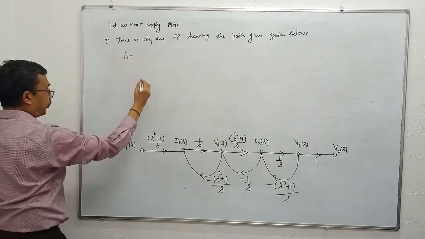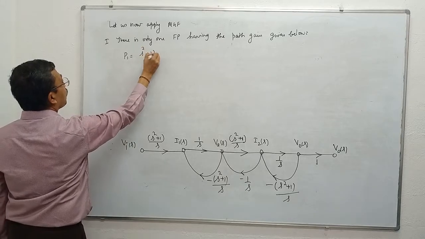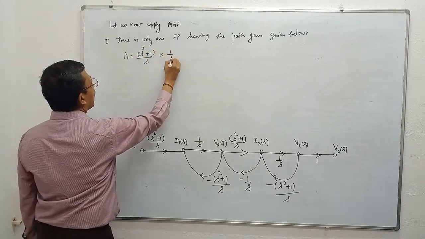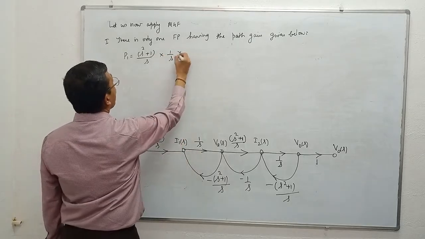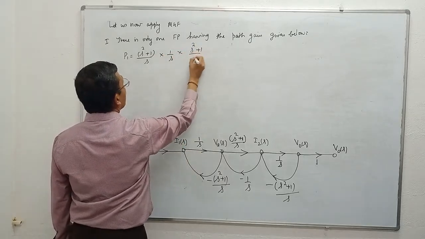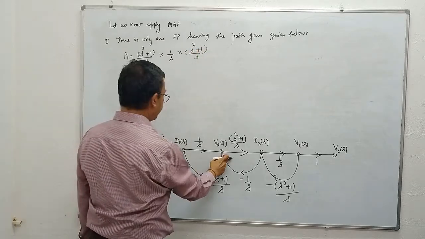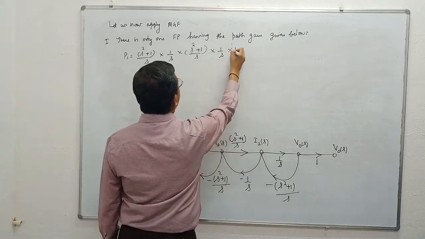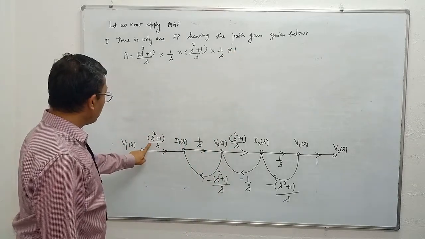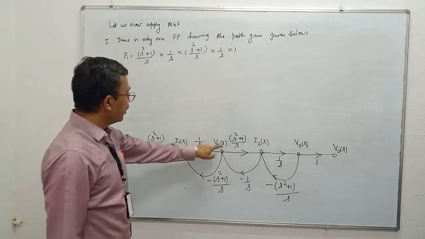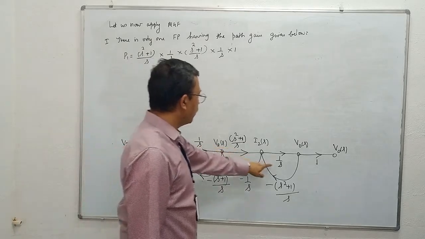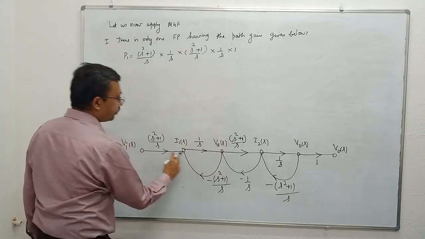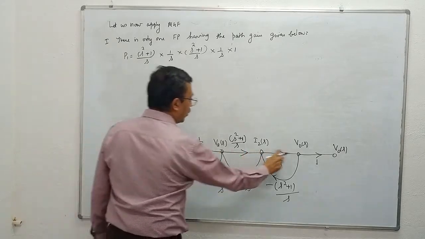P1 is equal to S square plus 1 divided by S into 1 by S into S square plus 1 divided by S into 1 by S into 1. There are three individual loops. This is loop 1, this is loop number 2, loop number 3.